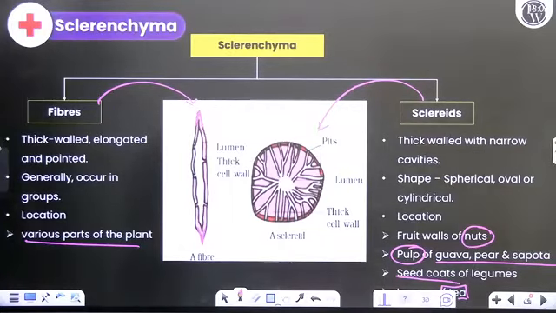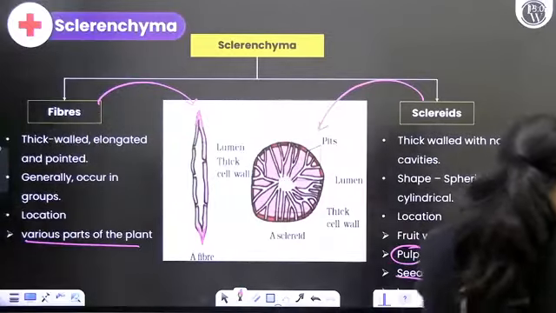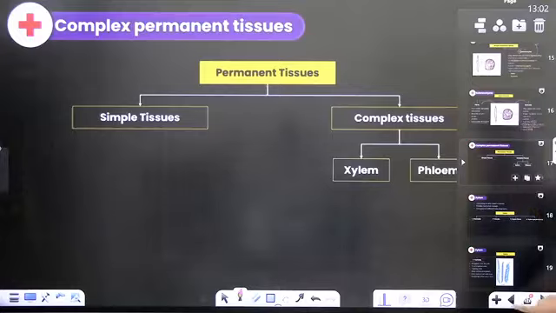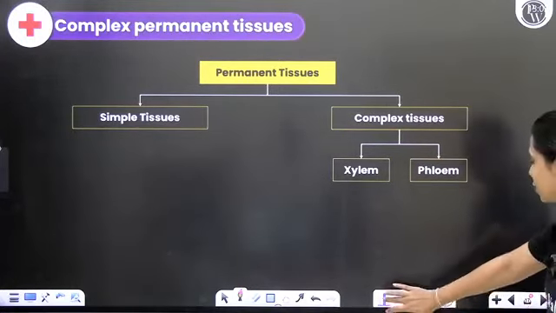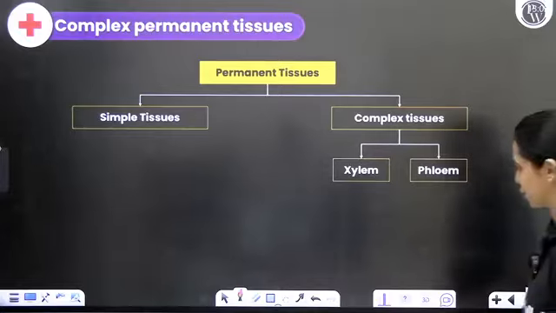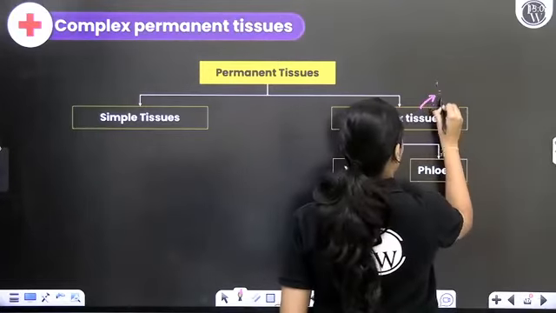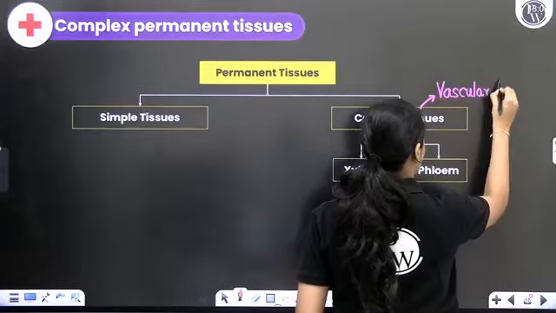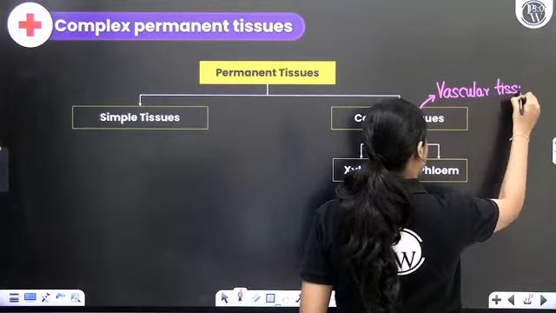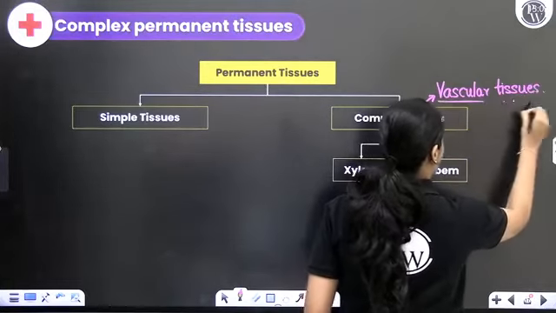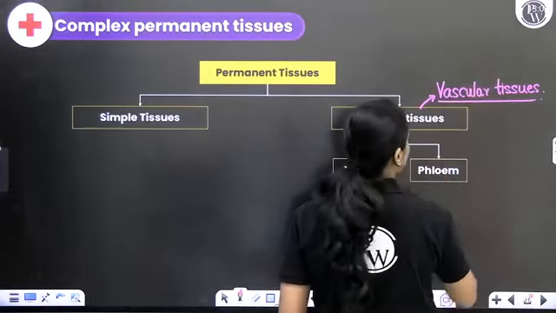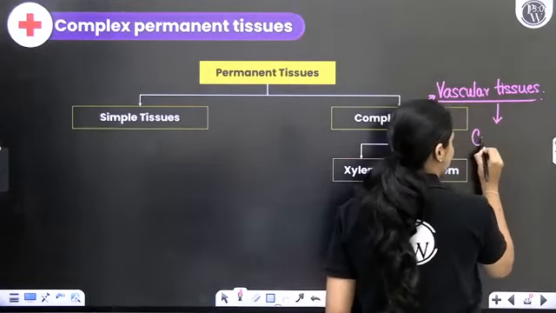Okay. Last part of tissues. It is xylem and phloem. Let's learn about complex permanent tissues. Complex permanent tissues are basically your vascular tissues. Their function is conduction.